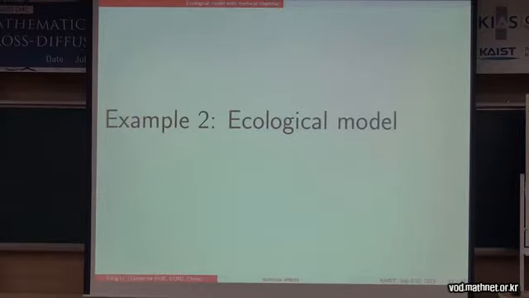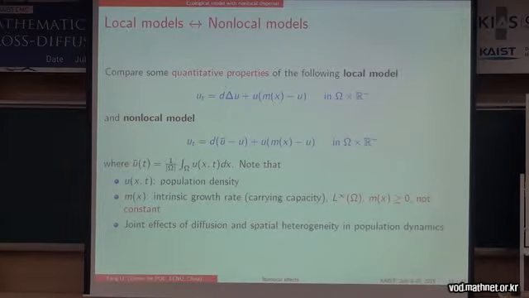Next model, ecological model. Our purpose here, we try to compare the qualitative properties of the following local model and the corresponding non-local model. Here, U of x,t represents population density.